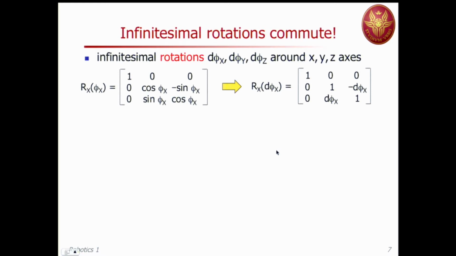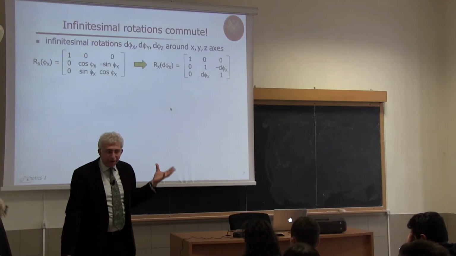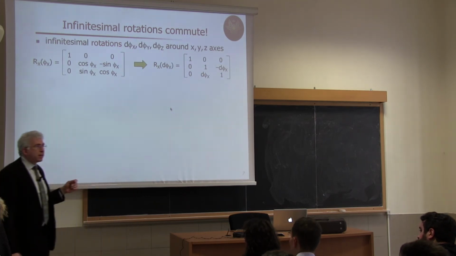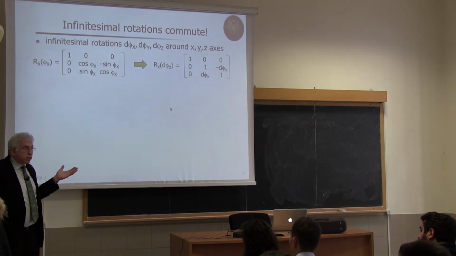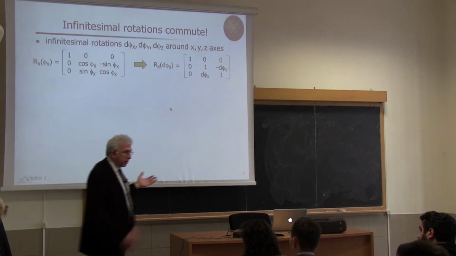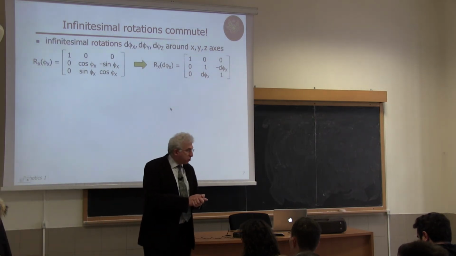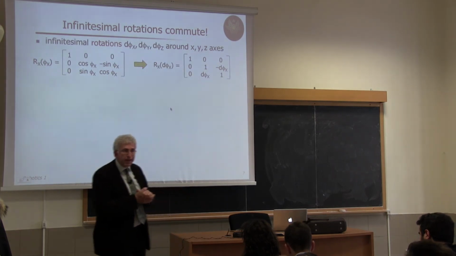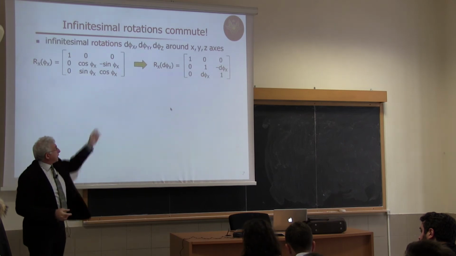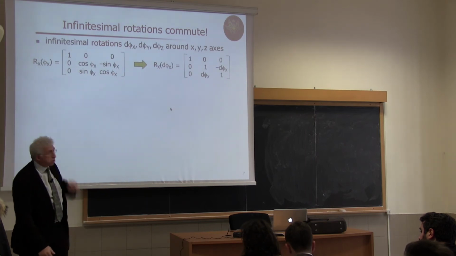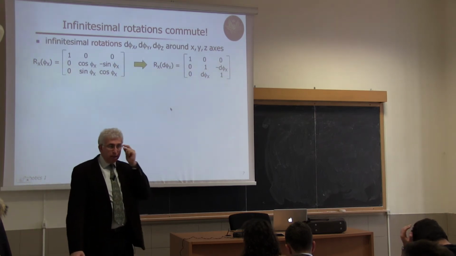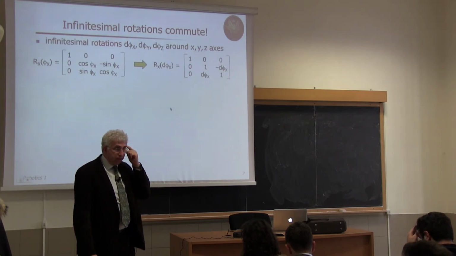Now if phi x is not a finite amount, 35 degrees, but it's small enough, so it's a delta d phi x, then I can approximate in Taylor series sine and cosine and stop at the first order because second order and higher order terms are so small that they can be neglected. And this is what I obtain. So this is the rotation matrix around the x-axis due to an infinitesimal angle delta phi x. Everybody agree with this?